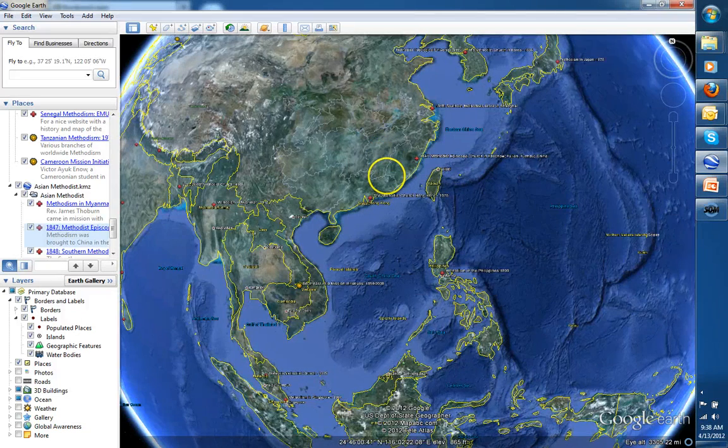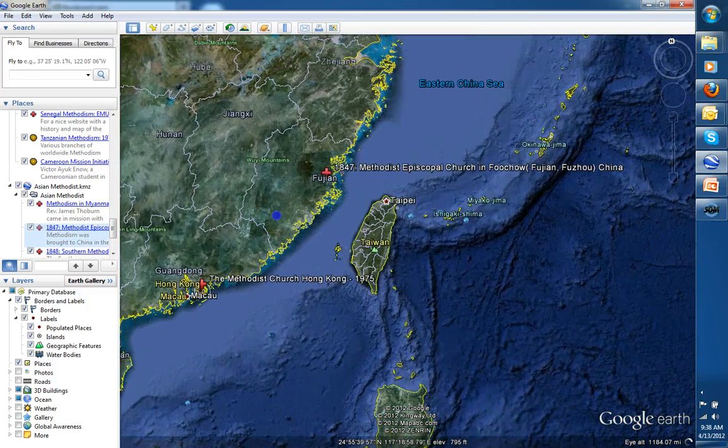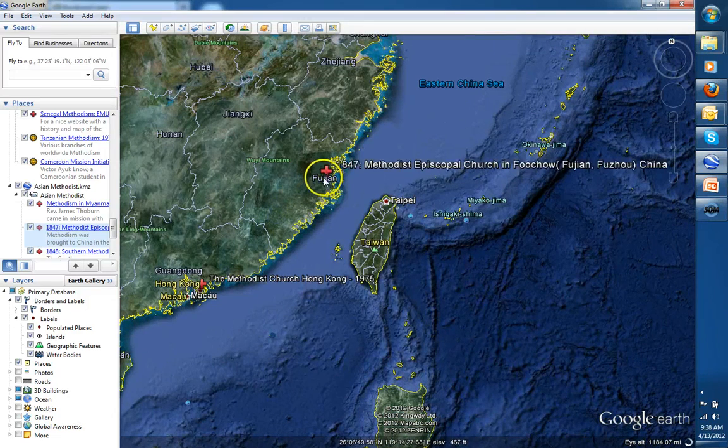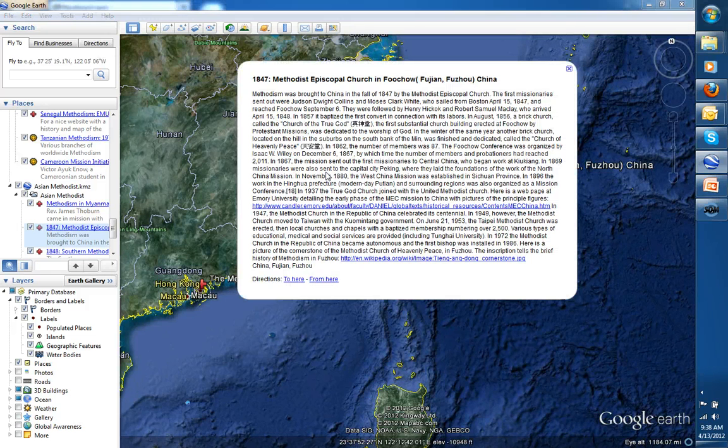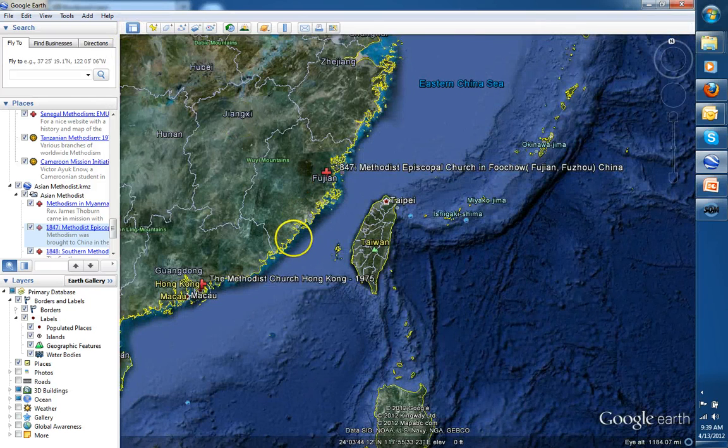So Collins and the Northern Methodist mission comes in 1847 into southern China, the Fuzhou in the old way of saying it, Fuzhou in the newer version. You can see here in our CD-ROM a long history here and you'll want to take a look at that.